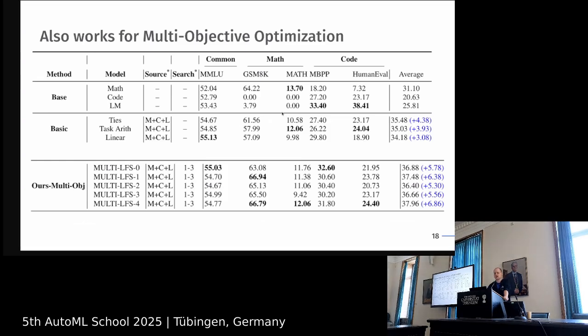Yes, so we have this, I didn't bring the slide actually. We also tried this with Japanese and math, for example, and this works very well. There's another nice paper on this from Martin at ETH. Basically, if you fine tune first on math and then on the language, you end up forgetting the math a bit. And if you fine tune first on the language, you forget the other way around.